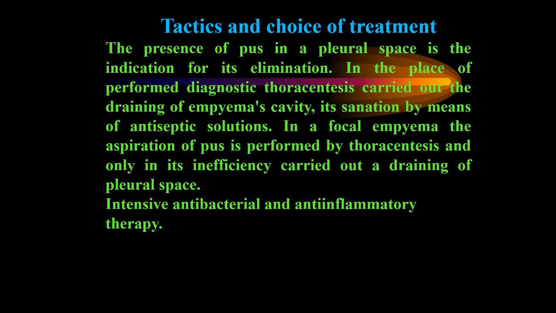Tactics and choice of treatment. The presence of pus in the pleural space is the indication for its elimination. At the place of the performed diagnostic thoracentesis, the drainage of the empyema cavity is carried out, with its sanation by means of antiseptic solutions.